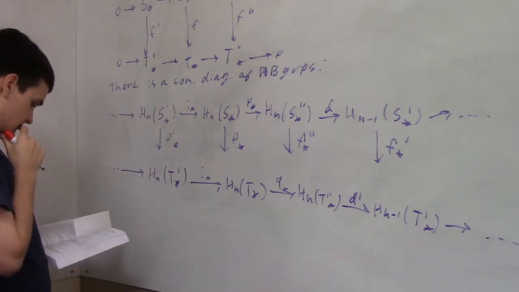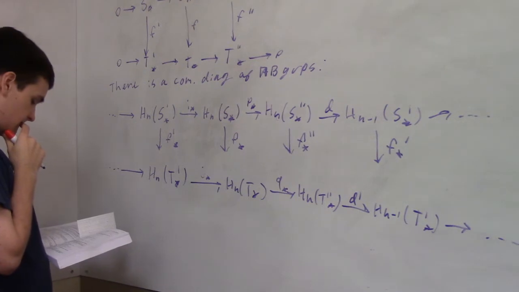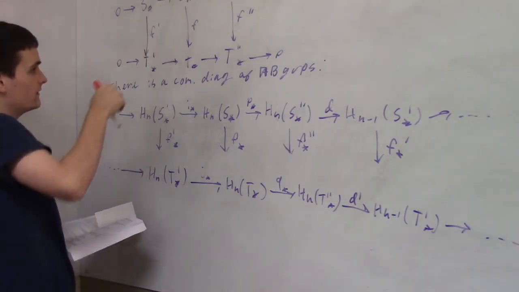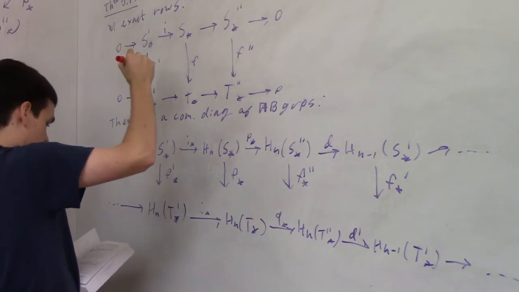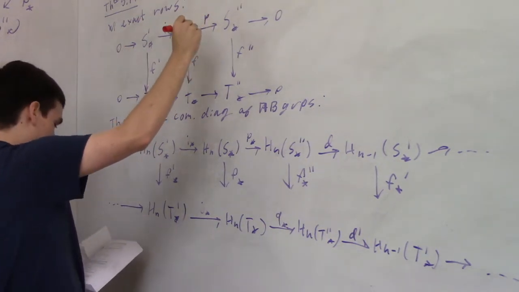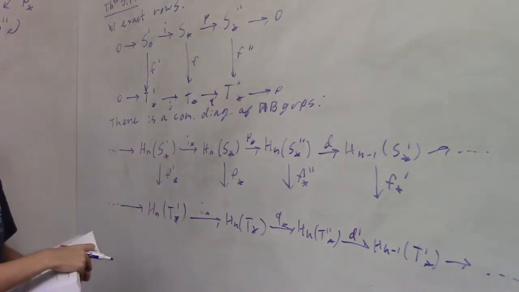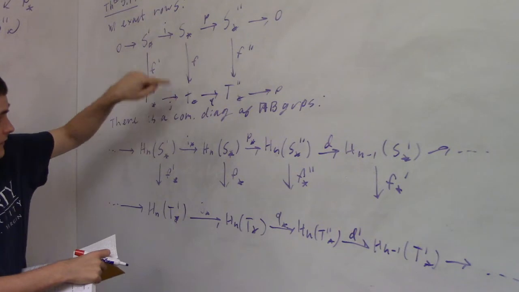Well, let's see. Where does that commute? It's kind of iffy. Oh, okay. Because we're going from here. So, I didn't draw these in. This is I, this is P, this is J, this is Q. So, by assumption, these commute.